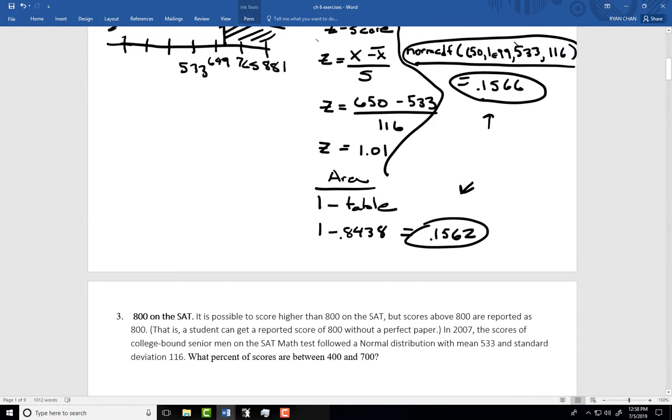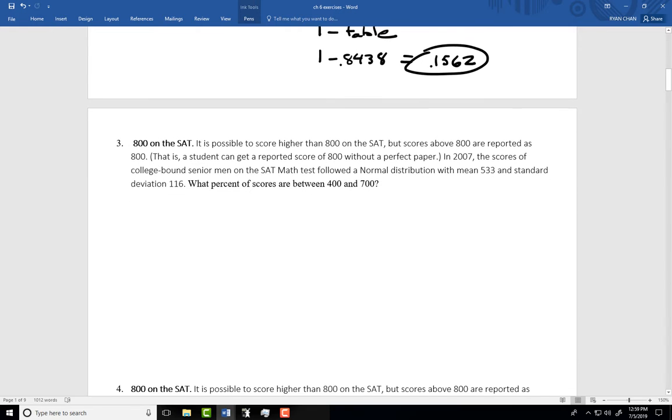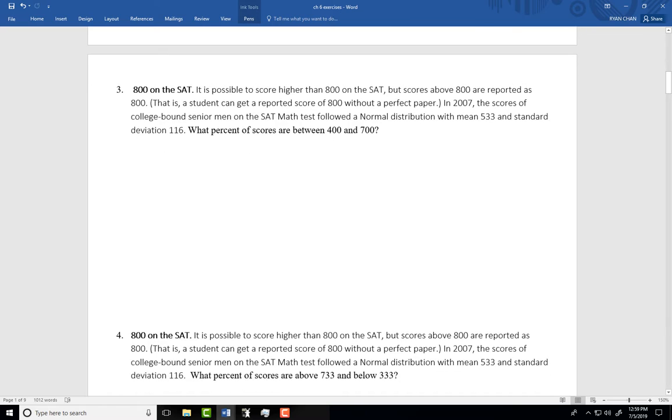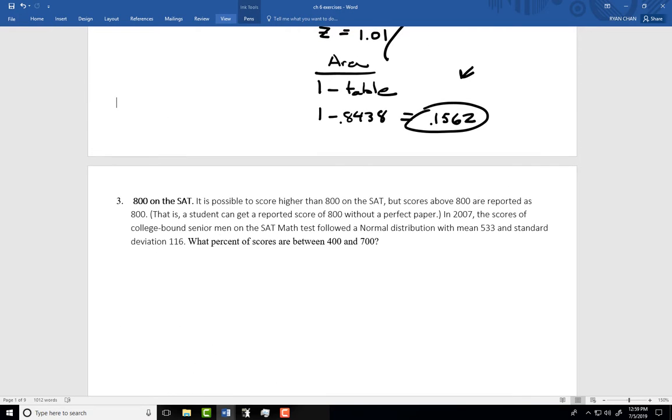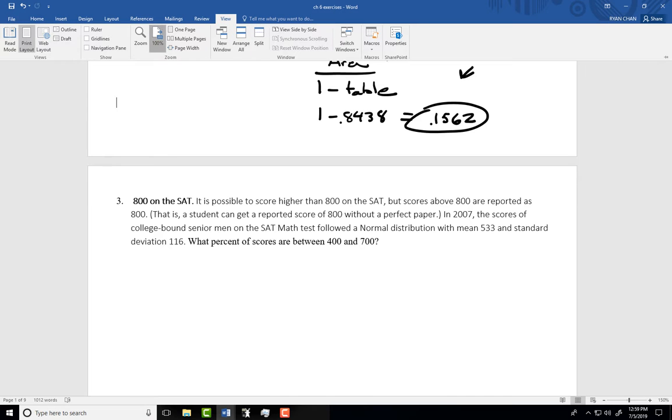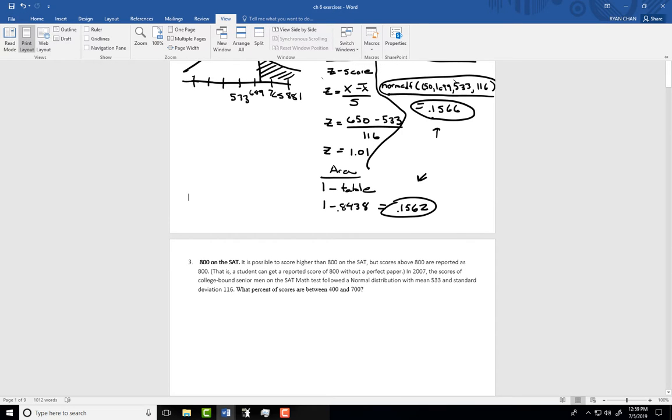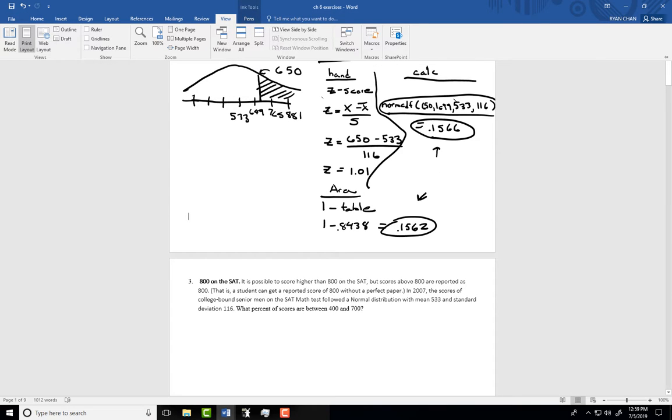Now, let's look at one more example. Let me zoom out here, because I'm going to draw the sketch again. Make sure you practice sketching out your normal curves.